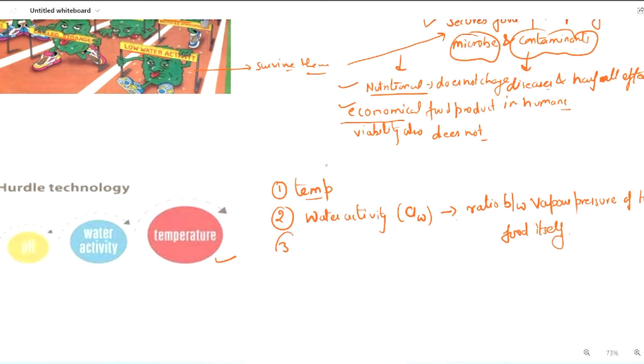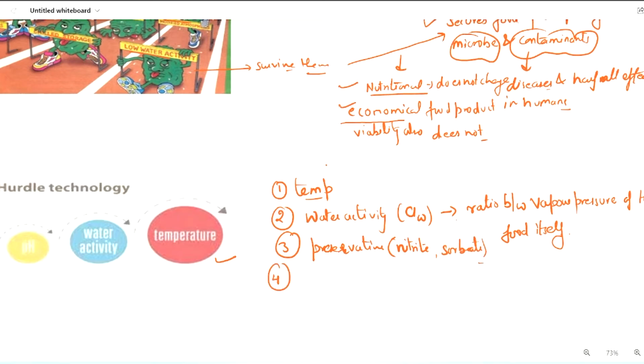Another hurdle is preservatives, in which we add chemicals so that our food lasts for a longer time, for example nitrite and sorbate.